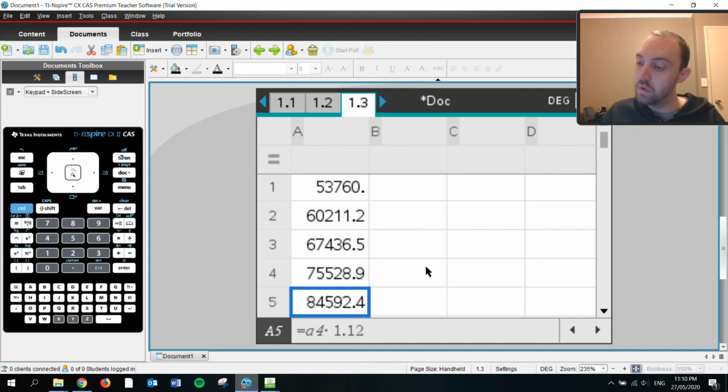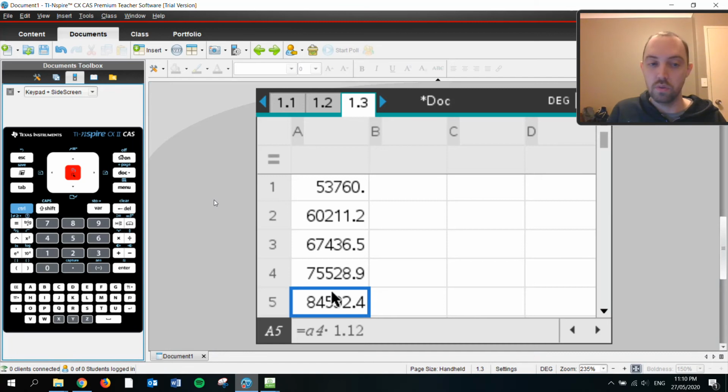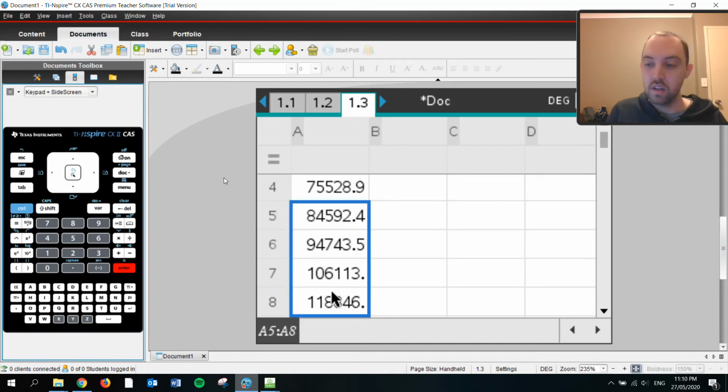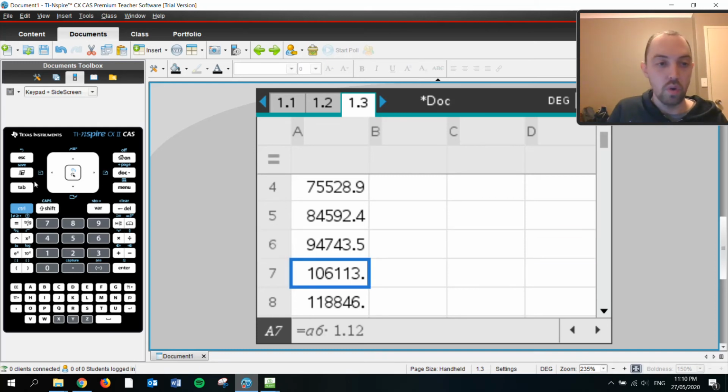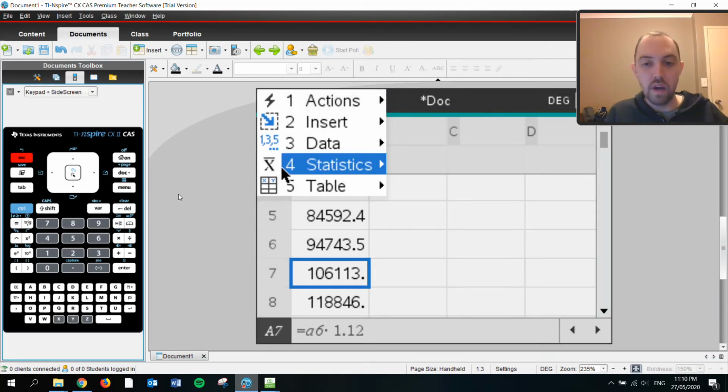Cool. In what year will his salary go above 95,000? This is why the list and spreadsheets section is helpful, because we're going to increase again until we get above 95,000. T6 is $94,743.50, which is below. T7, however, is $106,113, and I'm sure there's somewhere where we can see more values here.